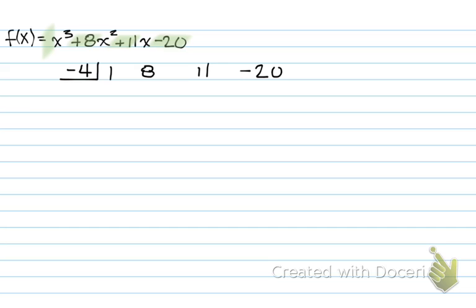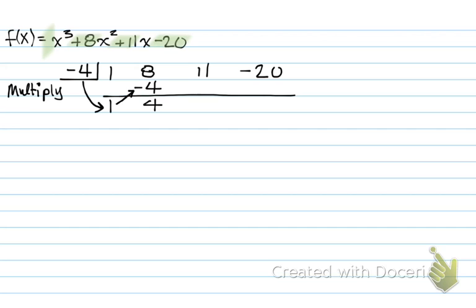So as we go through and we do synthetic division, we have to bring down that 1 and then multiply that 1 that we brought down by -4. That product is going to go into the next column underneath 8, and then we're going to sum each column after we do the multiplication.